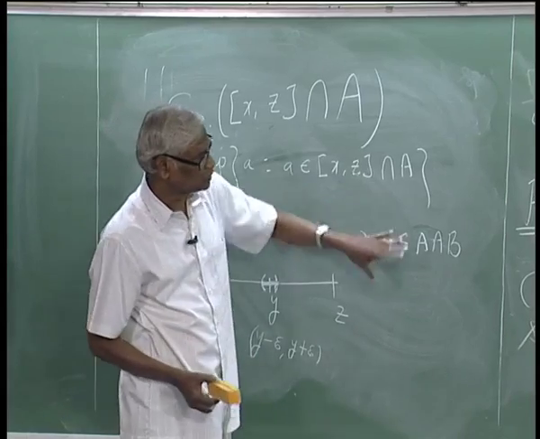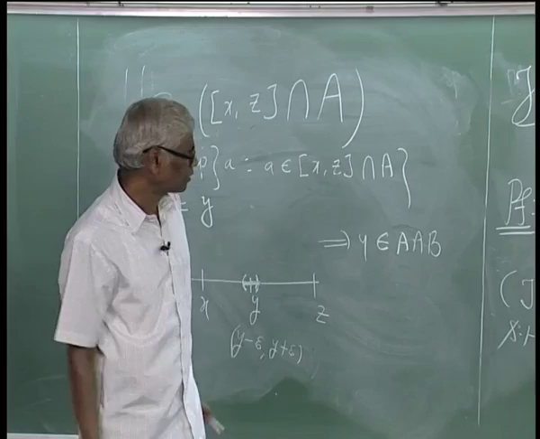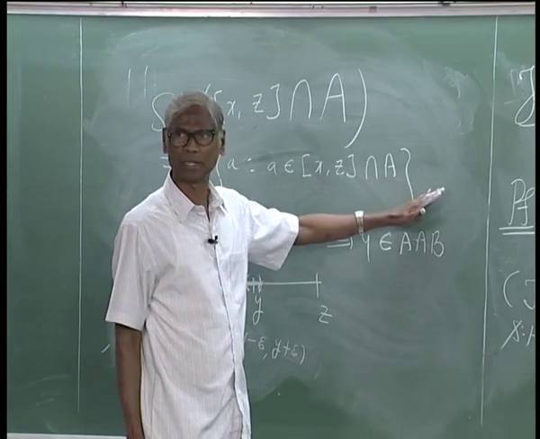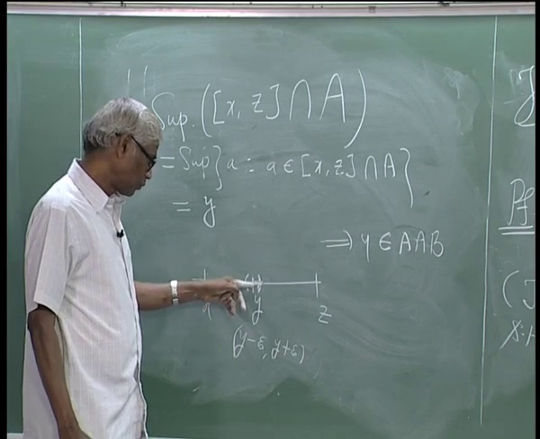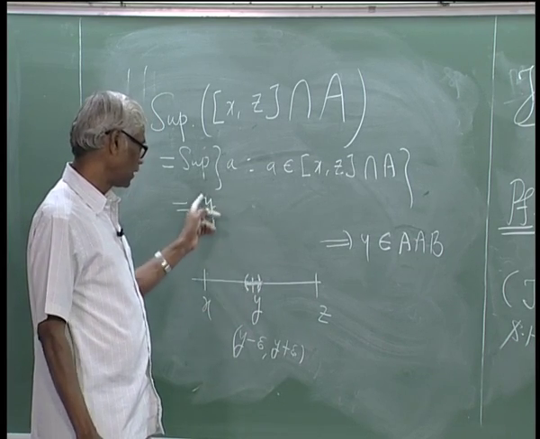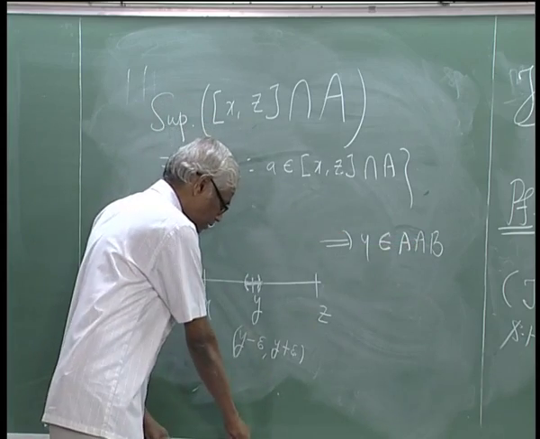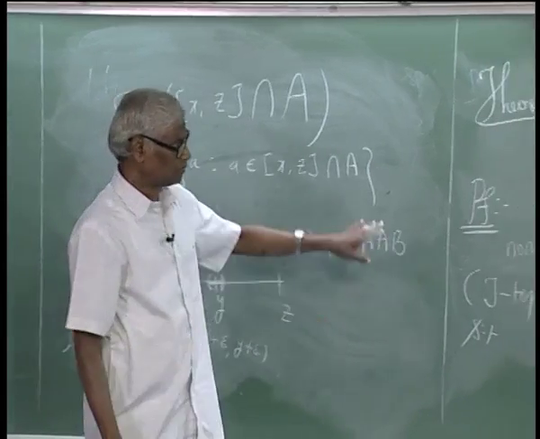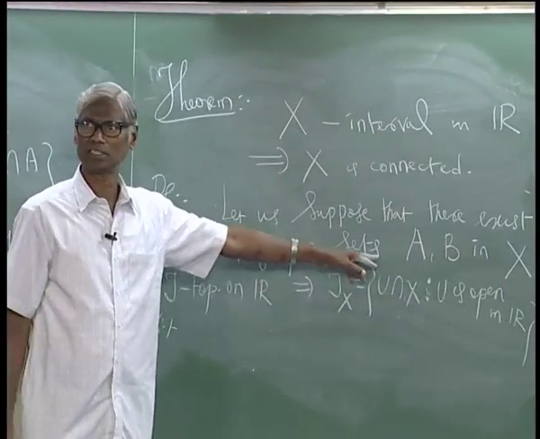Using this we can prove that there cannot exist a separation. That means the supremum y will be in both A as well as B, which gives a contradiction. So we arrived at this contradiction if we assume that they have a separation.